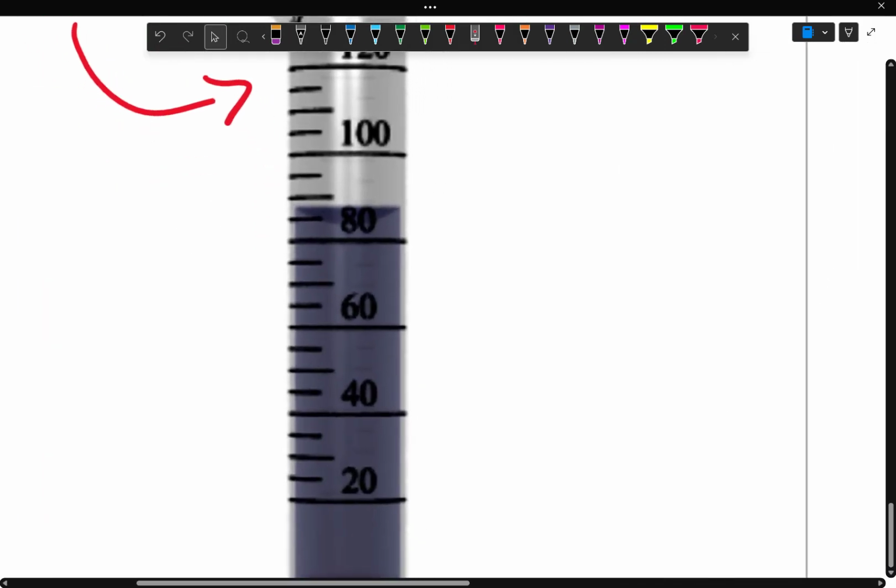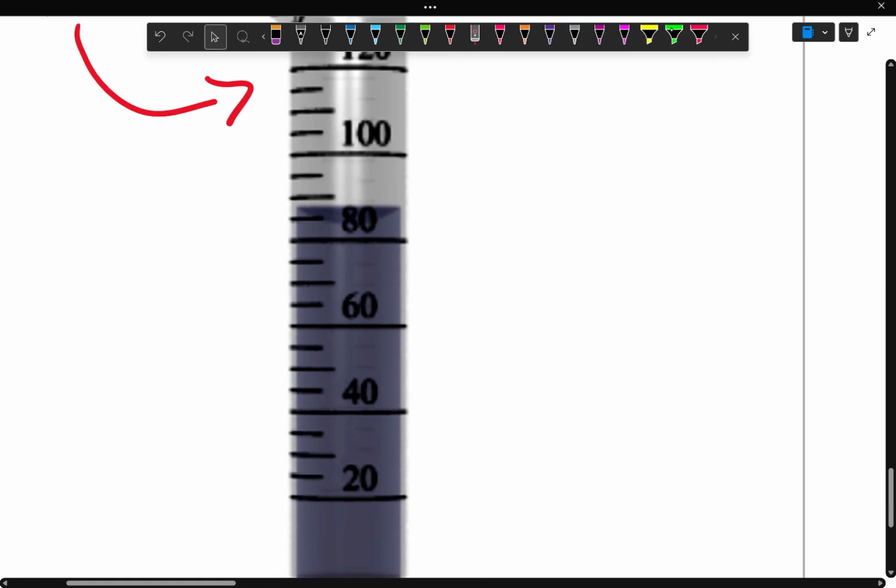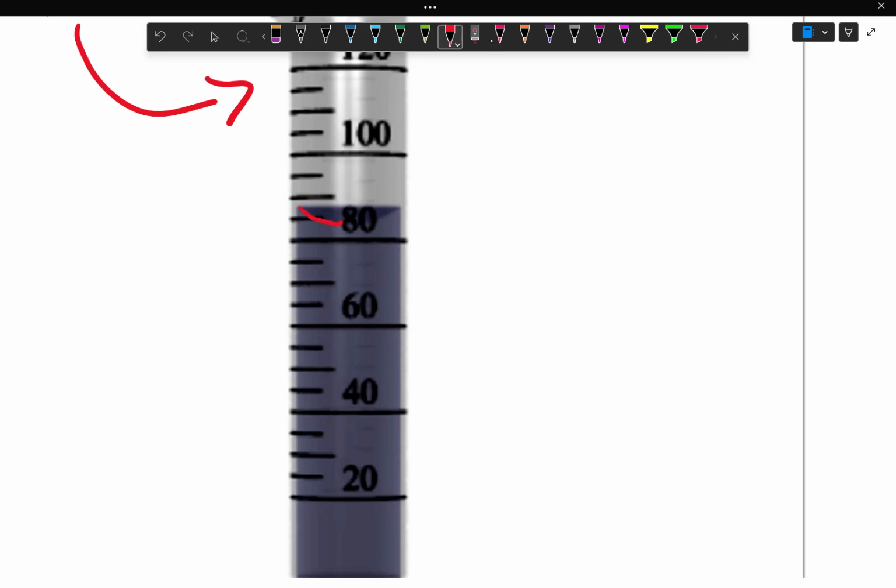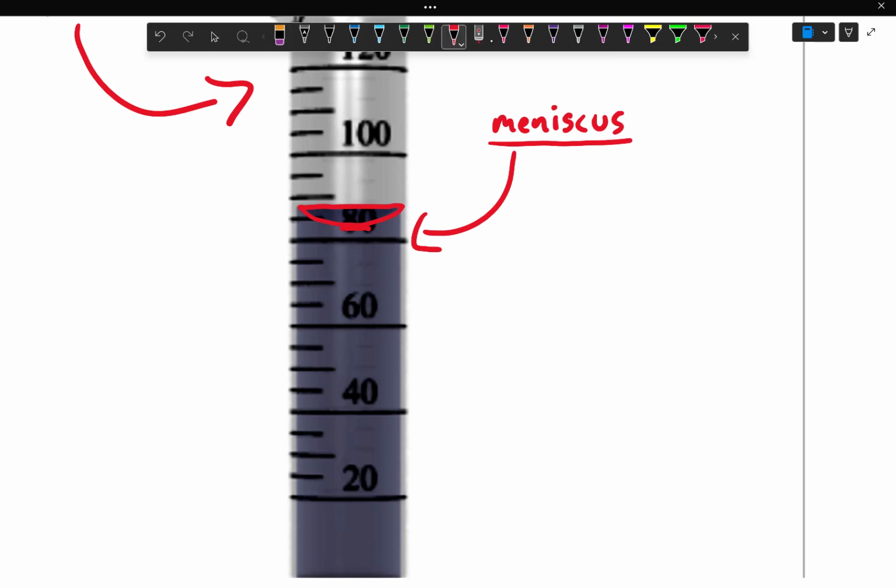So if we look, it's a little difficult to see, but we have this dip here, right? And so it's important that we measure at the bottom of this dip, okay? So this dip is called the meniscus. That is M-E-N-I-S-C-U-S.